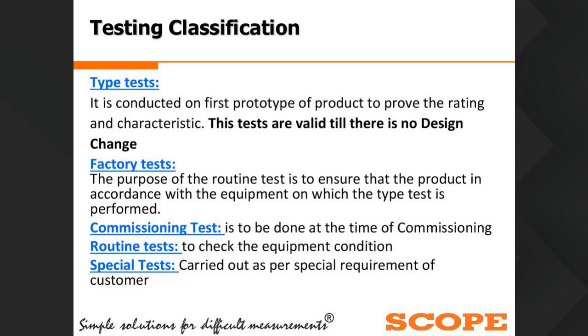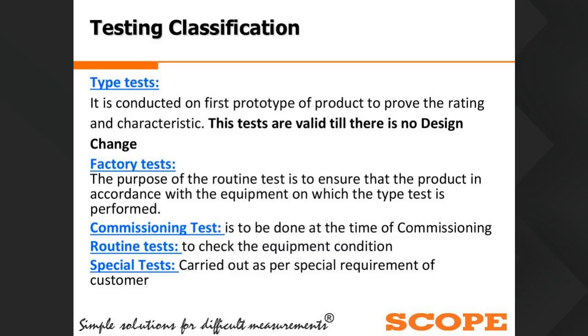Okay, so testing classification, as everyone is aware. The testing is divided into type test, factory test, commissioning test, routine test, and special test. Type test is carried out on a first prototype, that is the first product, to prove the ratings and characteristics, and this test is valid if there is no design change.